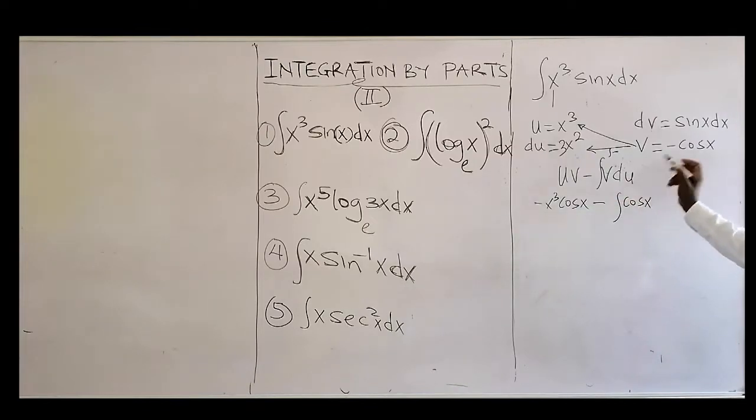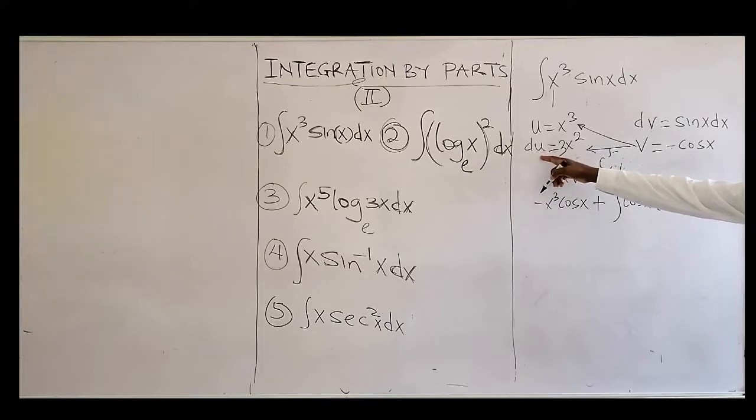With the minus here for v, put this onto the plus. Then times 3x squared. Okay, don't forget this place: the du is 3x squared dx.